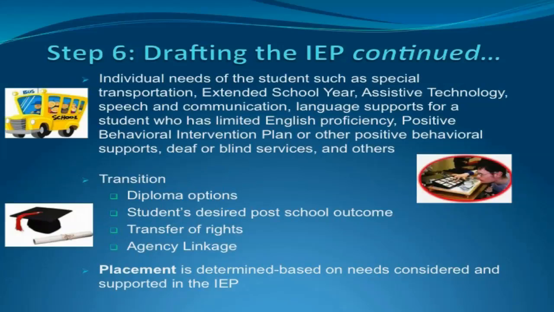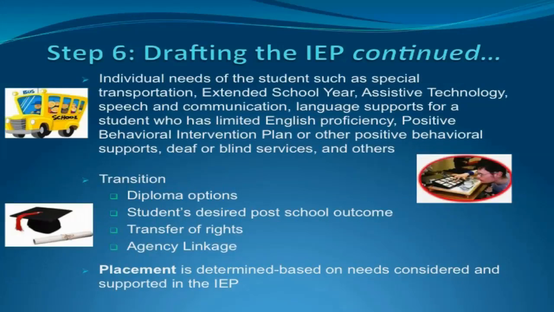Now, at a certain age, your child will begin to have transition services listed in the IEP as well. And to kind of list out what transition services mean, because some of you have younger kids, that includes diploma options. Is your student going for a standard diploma? Or going for an alternate diploma? Students' desired post-school outcomes should be listed on the IEP.